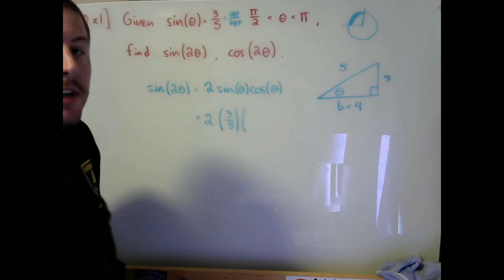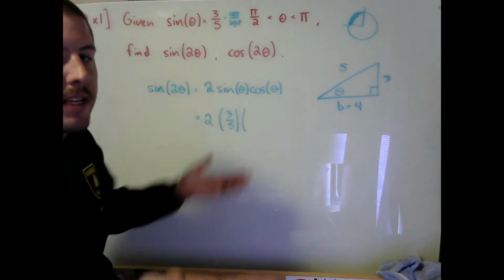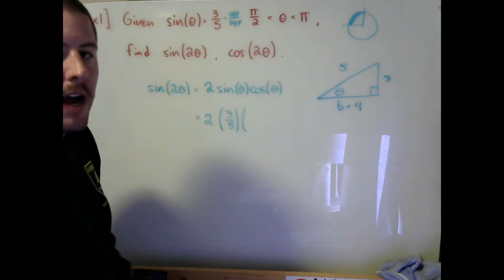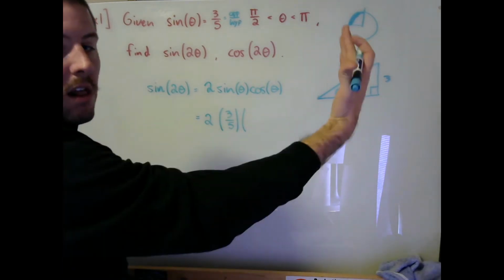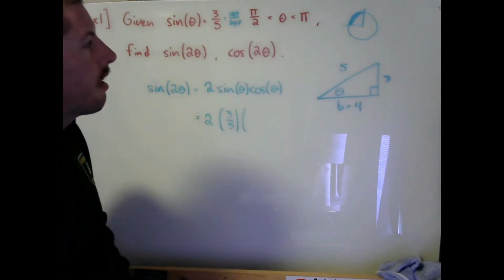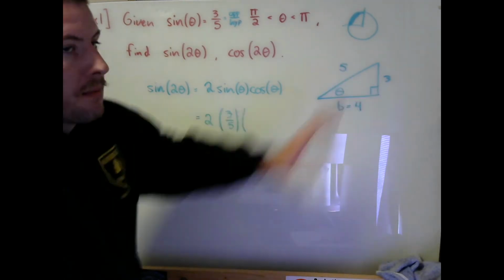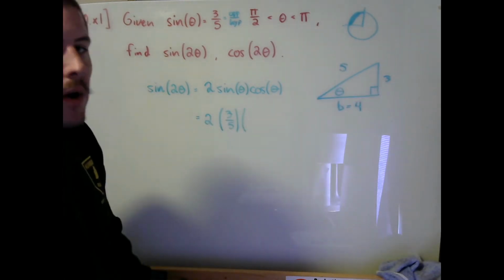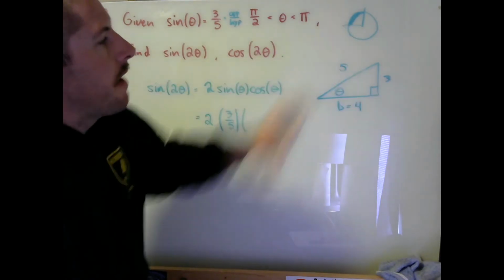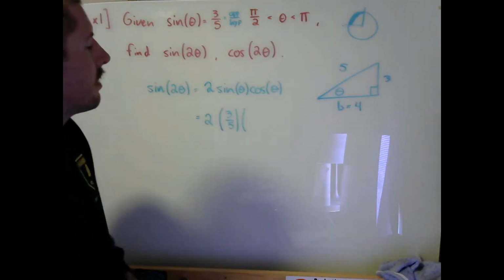What I know about that region of my unit circle is that all of my sine values are positive because our height is positive, but I can also see that all of our cosine values should be negative since all of our widths go to the left here. So I can use the numbers from my triangle, but I need to attach the negative because my cosine values should always be negative within this interval.